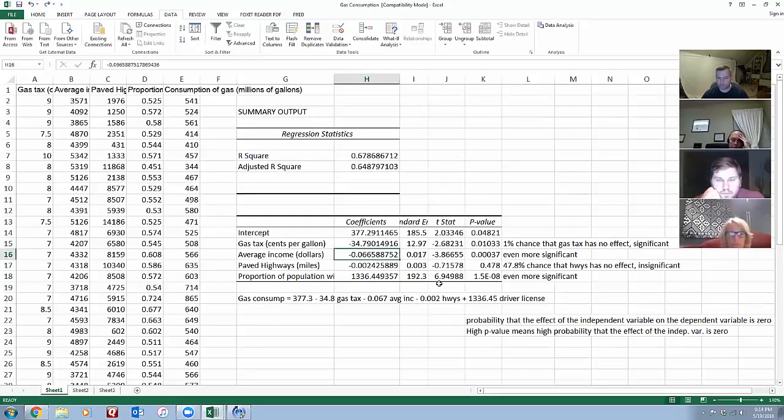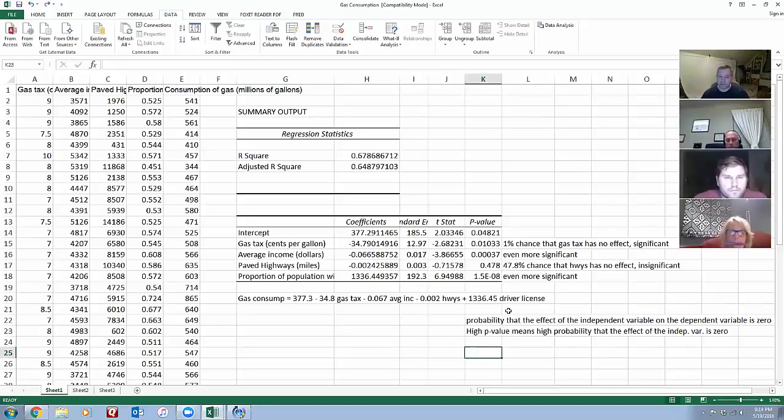I can have a strong confidence that the effect of average income on gas consumption is 0.06. It may be just by the size of these variables that the gas tax is more important. Again, a lot of that just depends on the units that you measure these things in. It's not a minor topic, this distinction between significance and importance, but it might be a little more than we need to worry about as far as this class goes.